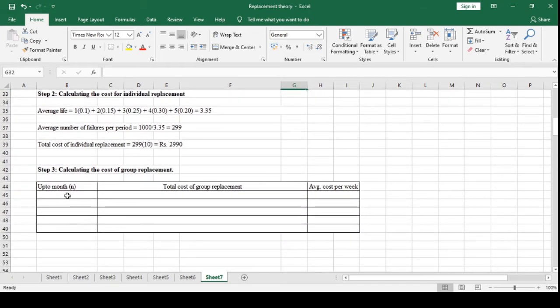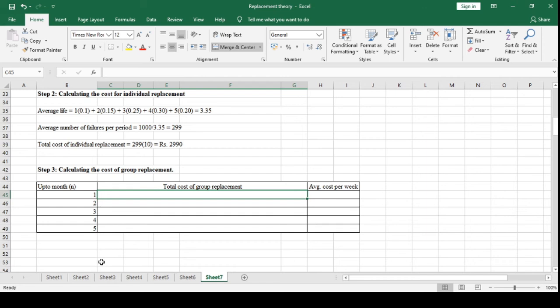Now we will similarly calculate the cost of group replacement. Over here there are 3 columns. First of all, the month, so we'll write down 1, 2, 3, 4 and 5. Now we will calculate the total cost of group replacement.